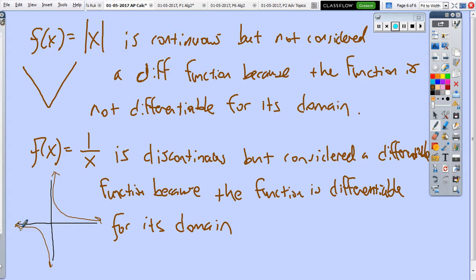Fine details here, yes. Okay, so for a function to be considered differentiable, it needs to be smooth and continuous for its domain. That'll make it even more clear.